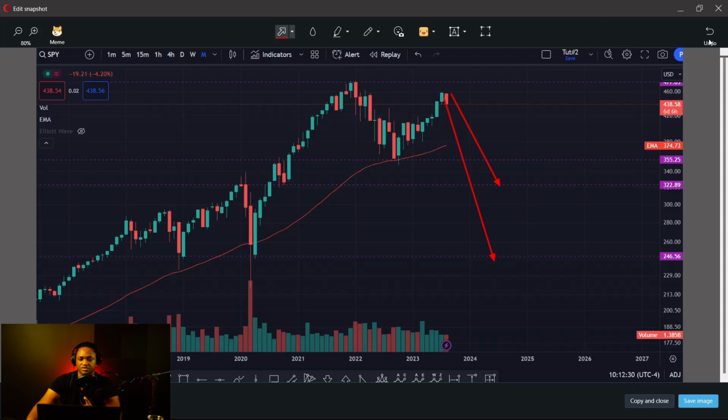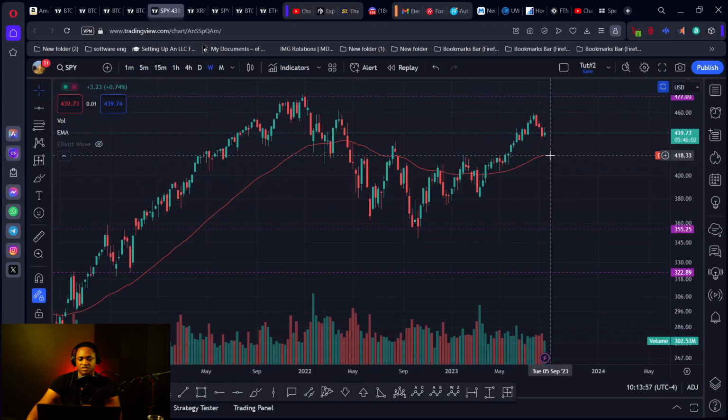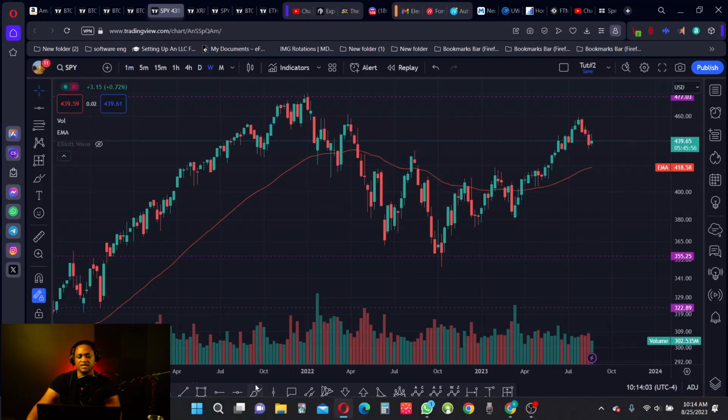For me personally, I don't think that we can go lower than this, but there is a possibility that the market keeps going all the way down here again. But the most important thing for me is going to be the weekly chart. The reason why this is important is because we had that downtrend line.